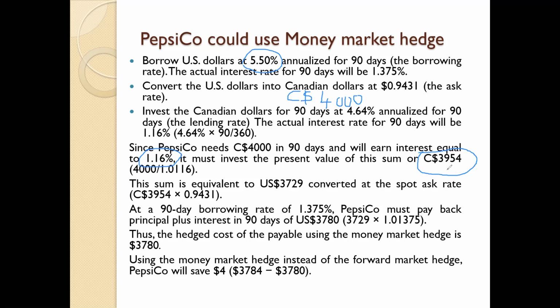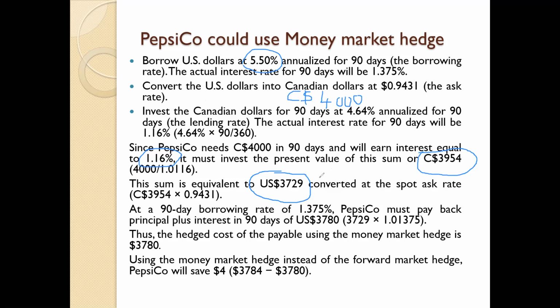In order to invest this money, the trader needs to borrow the equivalent amount from his bank in US dollars. Equivalent to Canadian dollar 3,954, the trader has to borrow US dollar 3,729 from his bank at the rate of 1.375% per 3 months time period.